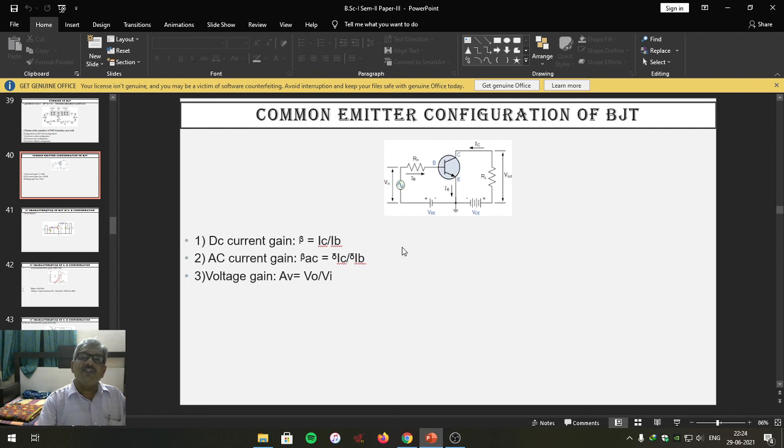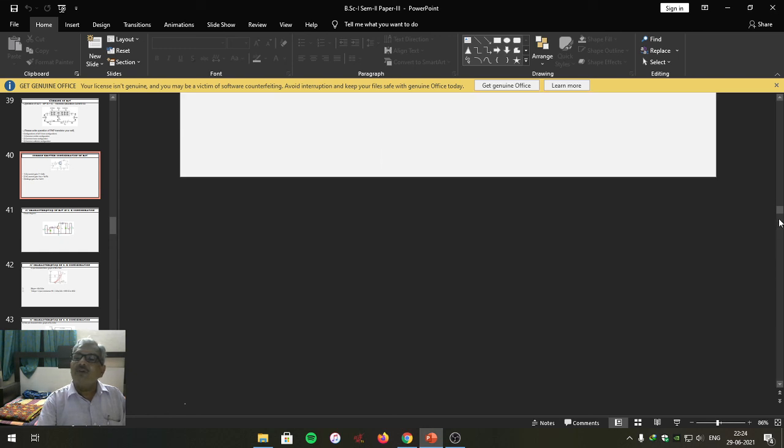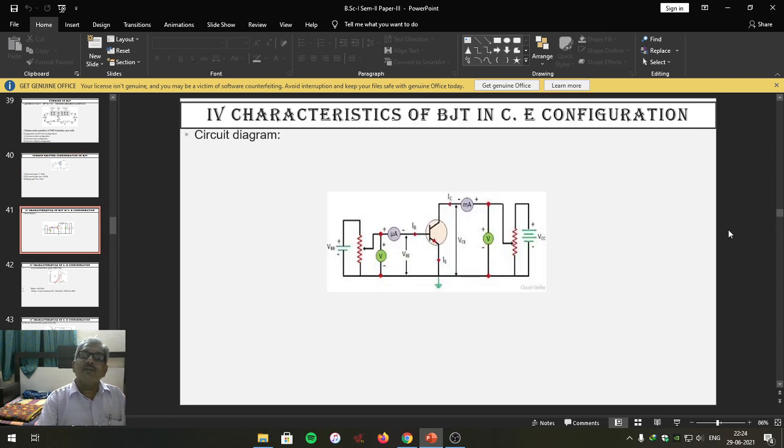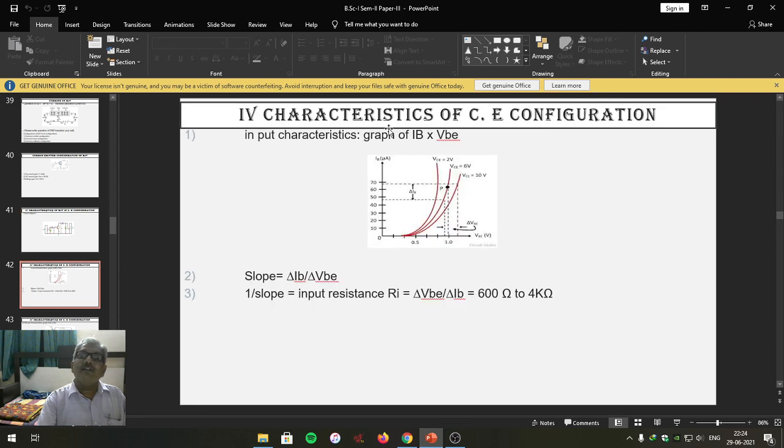Using these definitions and the configuration we studied, we have defined the input and output characteristics. We saw the circuit diagram used to plot the input and output characteristics. Then we plotted the input characteristics and interpreted them.